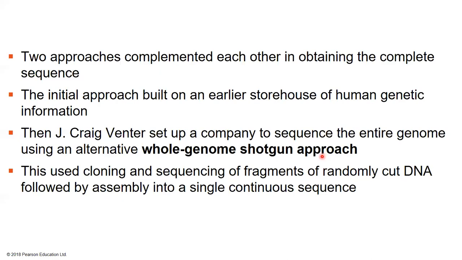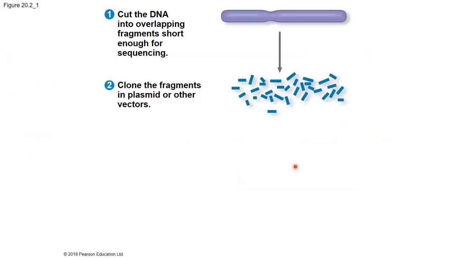This approach requires that the genome must be cut into smaller fragments, and these smaller fragments are then cloned into vectors or plasmids, which is not shown here, but these could be vectors or plasmids.